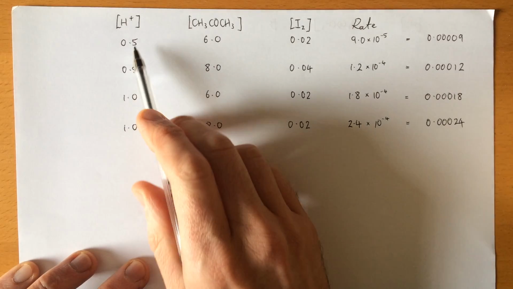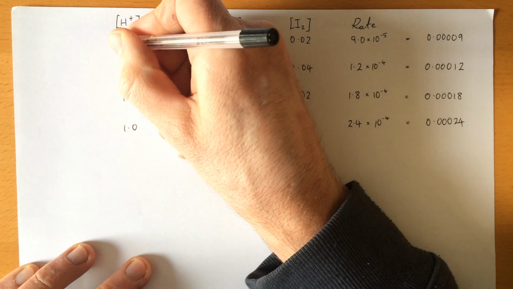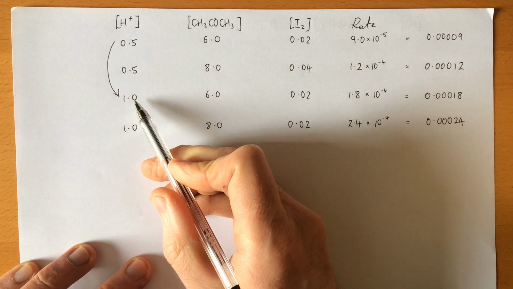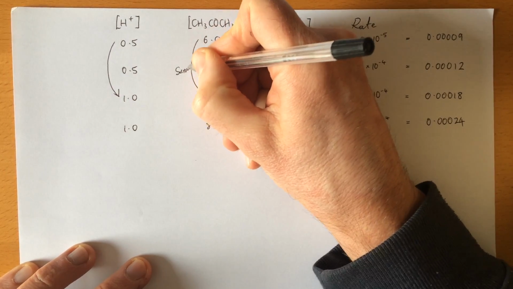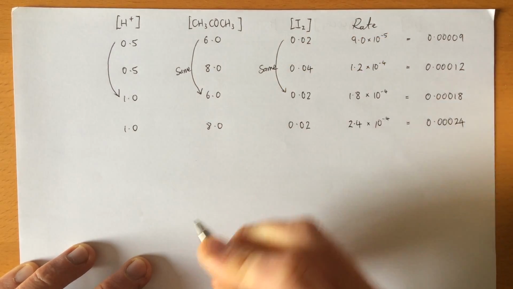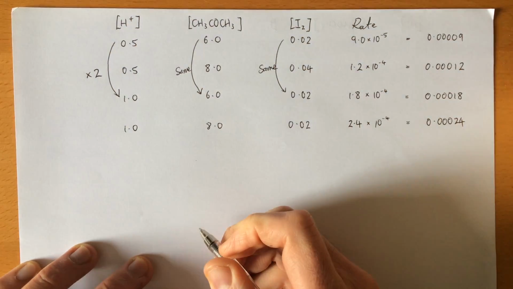Okay, so let's start with the concentration of hydrogen ions, and you can see that going from 0.5 to 1.0, whilst all of the other concentrations remain the same, the concentration of hydrogen ions increases by a factor of 2.